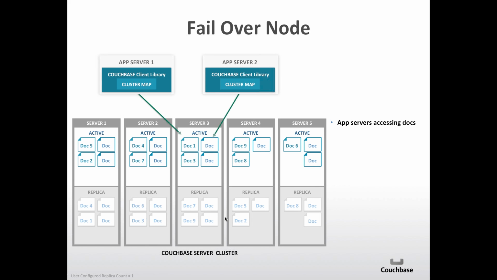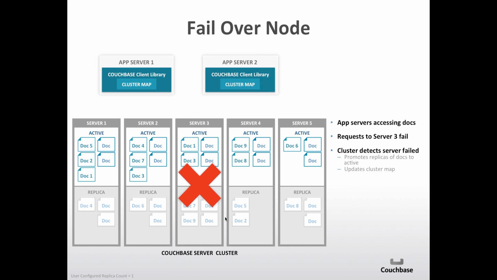And once these servers are added, they're not a part of the cluster yet, but they're marked pending. And then we perform the operation that redistributes the data, which we call a rebalance operation, which will uniformly distribute data, both active and replica, across these servers. And this is happening while there is a live workload running on the server, and there is a switch over for these partitions once a takeover occurs.